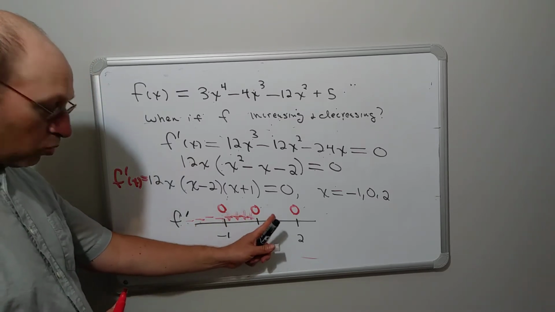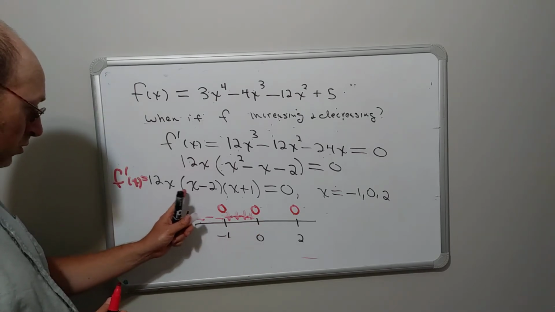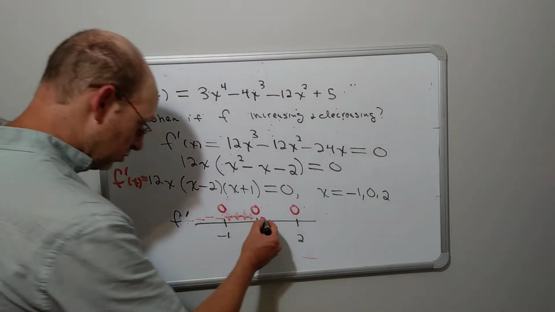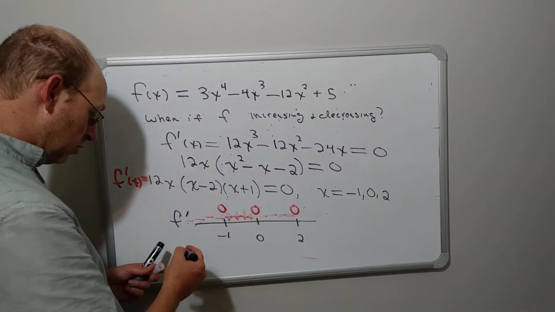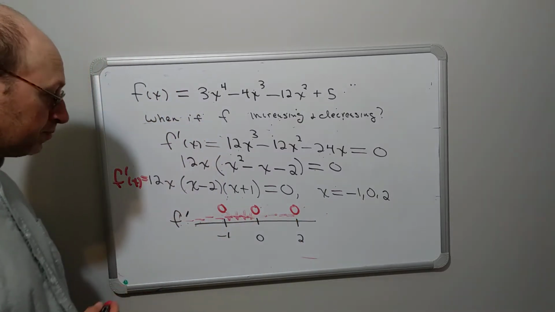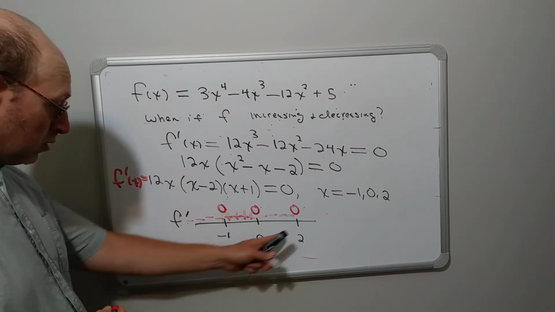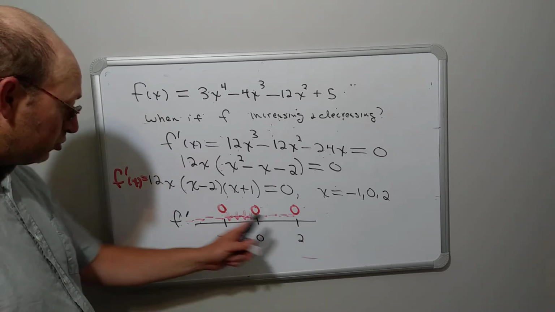Let's try the number 1. That's between 0 and 2. Positive, negative, positive. That gives you negative. It doesn't always change sign this nicely, by the way, but in this case it does, because there's no repeated roots. And try a number bigger than 2, like 100.